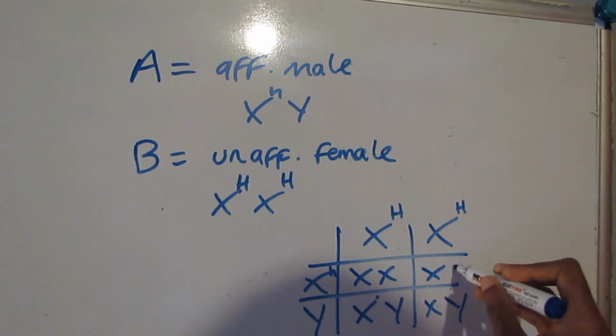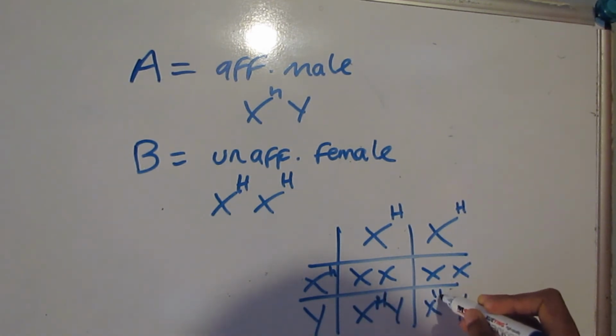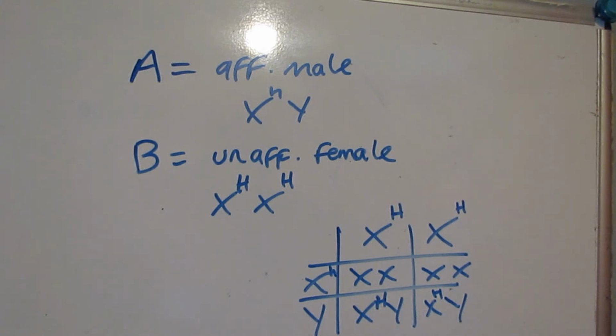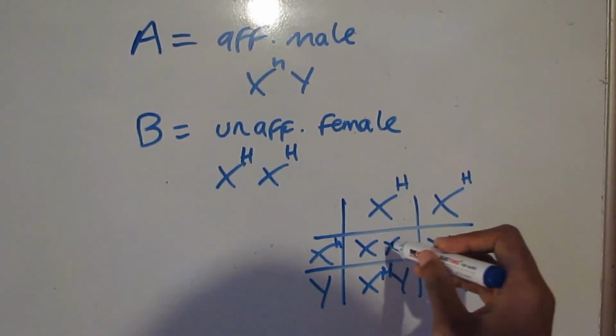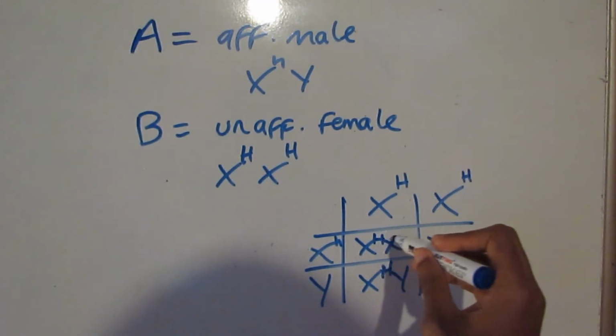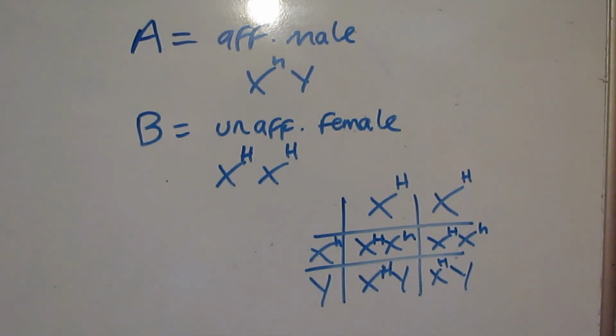And our males are getting all of the X chromosomes from the female. And if both of the X chromosomes are for unaffected condition, that means all of the males will be unaffected also. And that is the reason why all of the males do not have hemophilia from A and B.